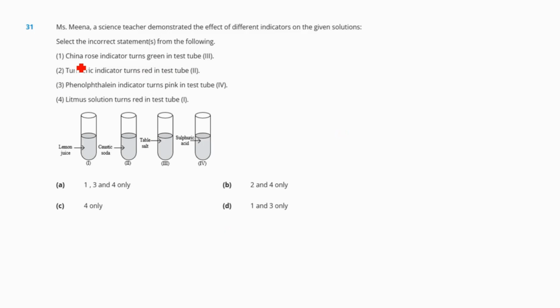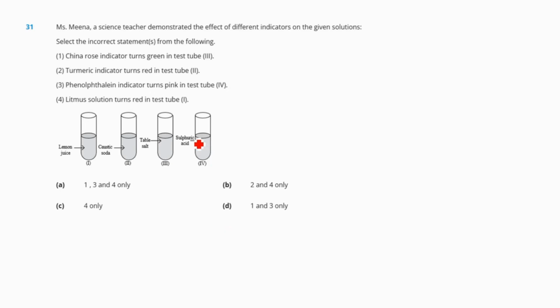Question number 31. Miss Meena, our science teacher, demonstrates the effect of different indicators on the given solution. Select the incorrect statement from the following. China rose indicator turns green in test tube 3. So here we see that in test tube 1 it is lemon juice, in test tube 2 it is caustic soda, in test tube 3 it is table salt, and in test tube 4 it is sulfuric acid. Right?